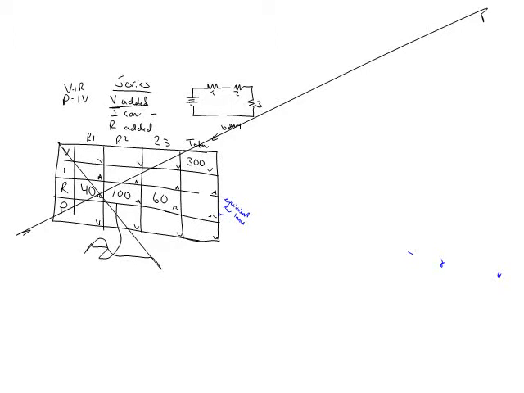So let's add all these resistances up. Our total, because they're in series, is just R1 plus R2 plus R3. And we can write that in our grid. Easy peasy, right? You don't need a grid for that.